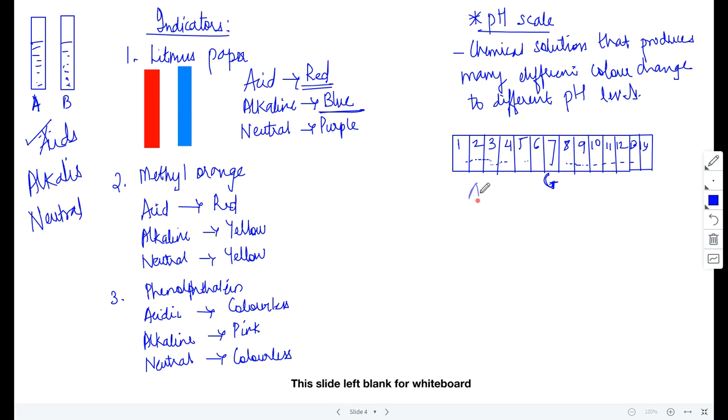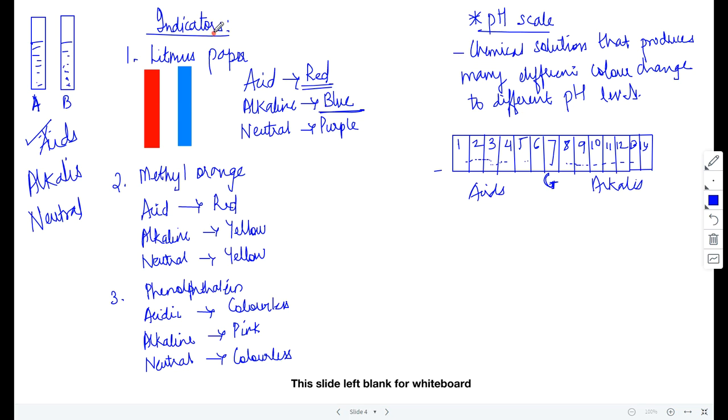Here the colors represent acids, and here the colors represent the alkalis. Fine till here.